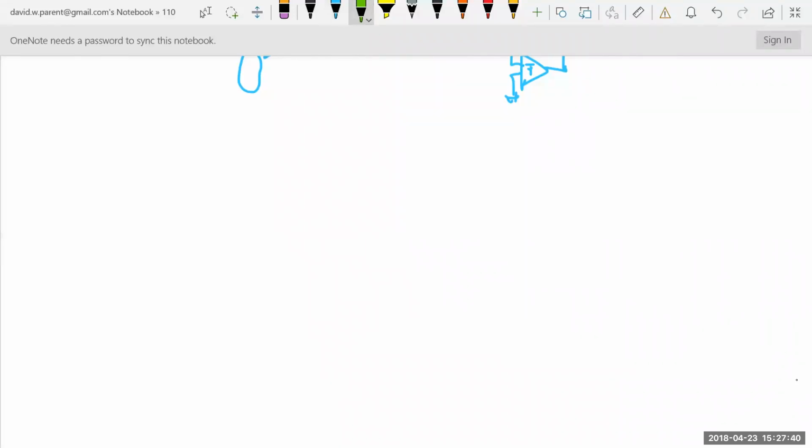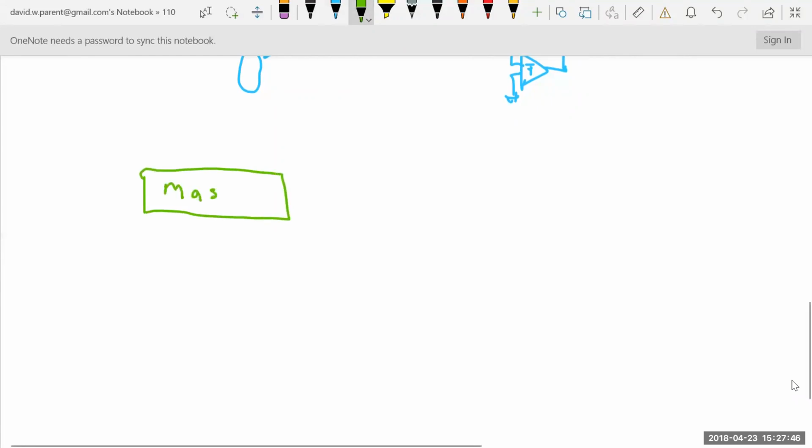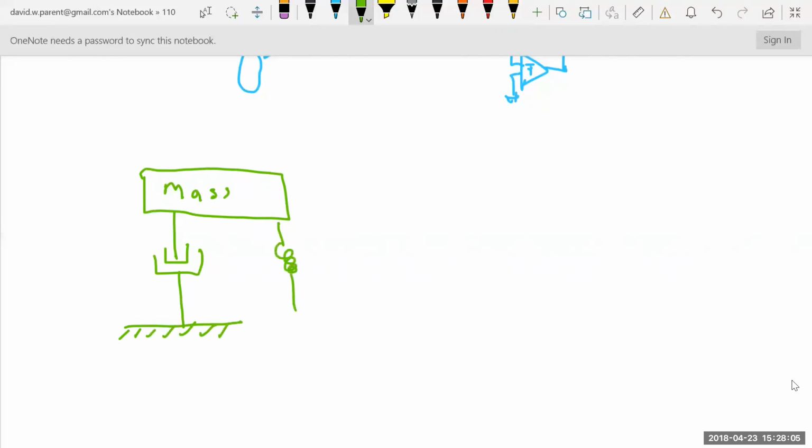Now this one, we have a mass, right? We have a damper. It's a fixed surface. And we have a moving surface. All right.